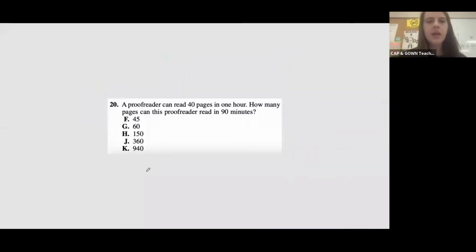Okay, number 20, a proofreader can read 40 pages in 1 hour. How many pages can this proofreader read in 90 minutes? So again, this is where we're going to go back to our part and whole. But in this case, we're comparing two things. So this is going to look like a proportion. So I'm going to have 2 parts and 2 wholes.